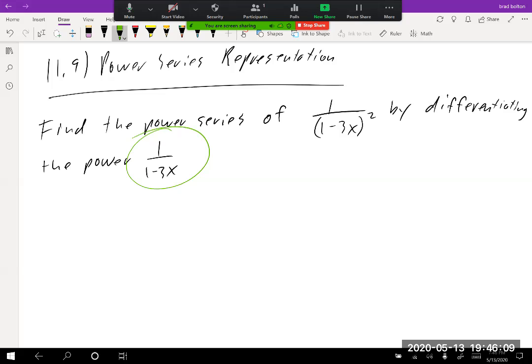So we're going to focus on 1 over 1 minus 3x, and we're going to build a power series for that. So the power series for 1 over 1 minus 3x would be the summation of (3x) to the n, n equals 0 to infinity. And this one was really nice, right? Because it was already in our perfect form.